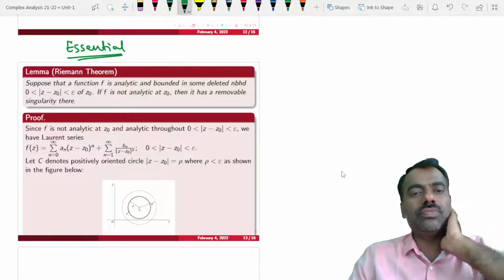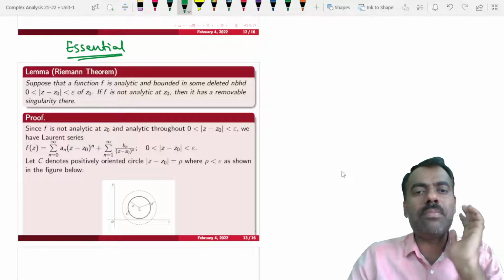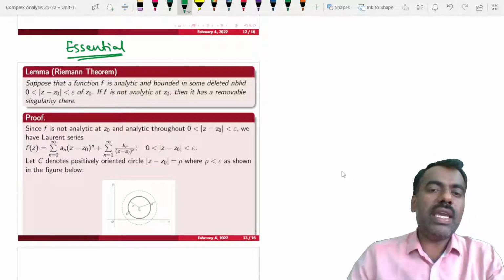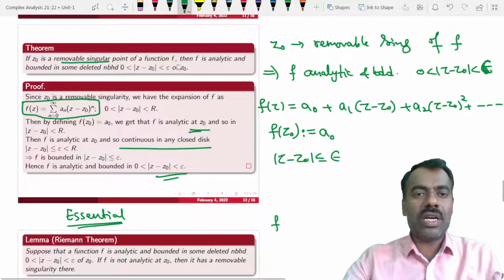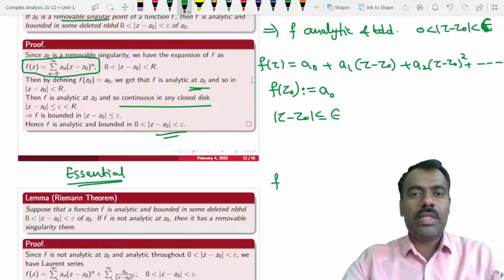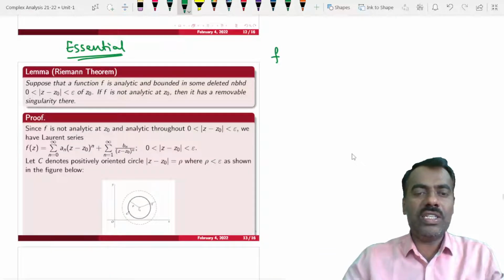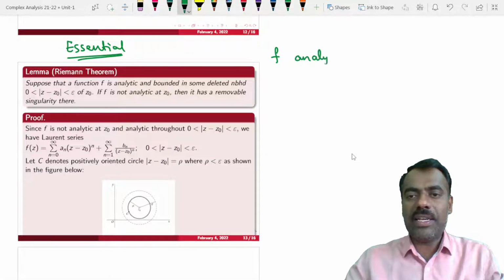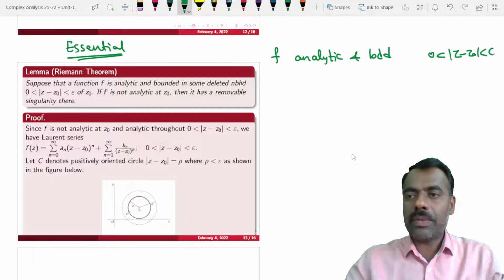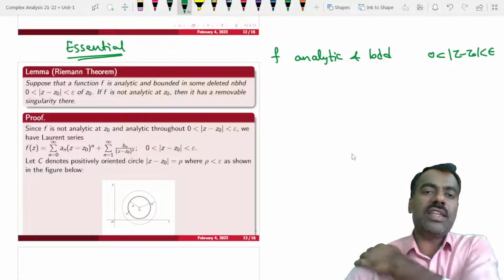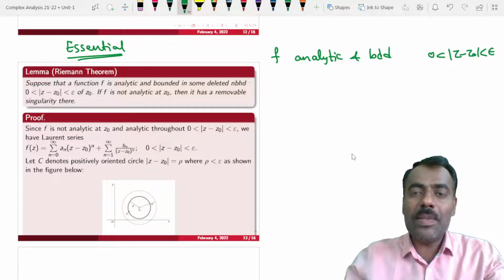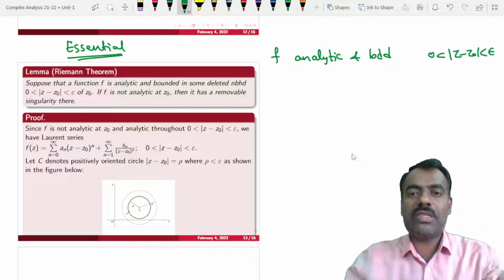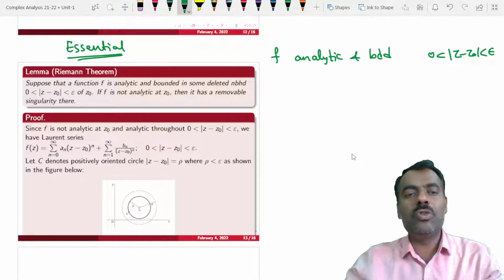It says that if f is analytic and bounded in some deleted neighborhood of z naught, and if f is not analytic at z naught, then that point becomes a singular point, and the only choice is that it has to be a removable singularity.